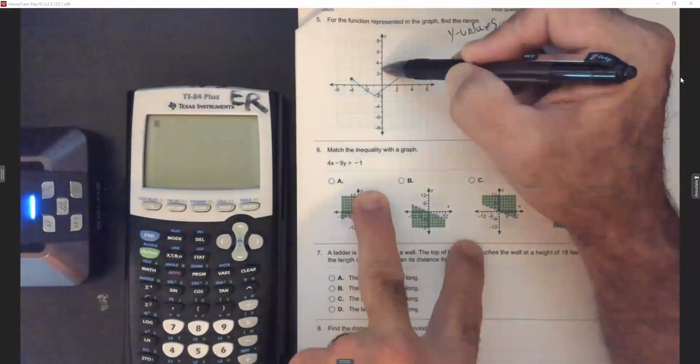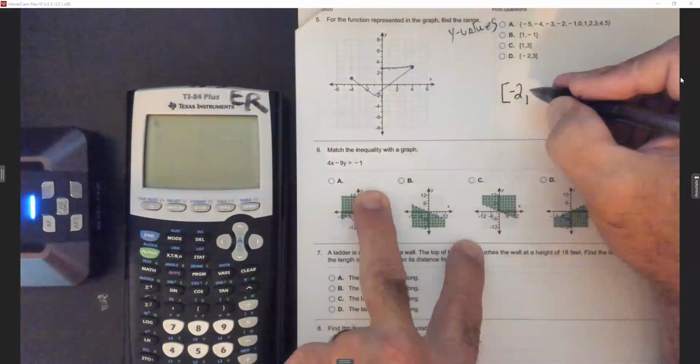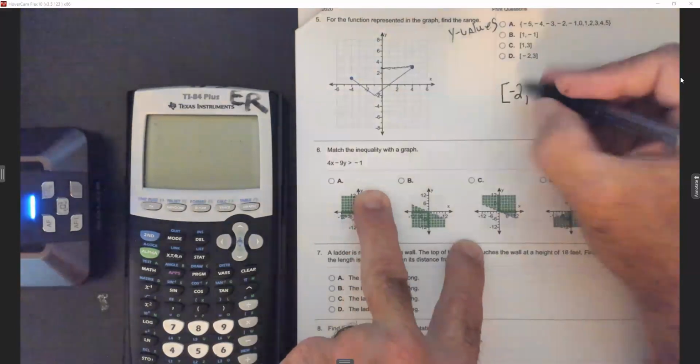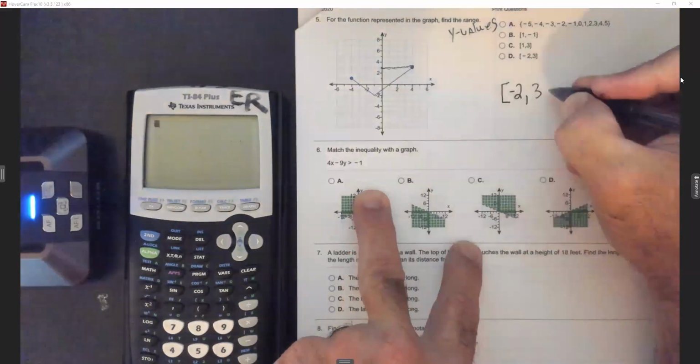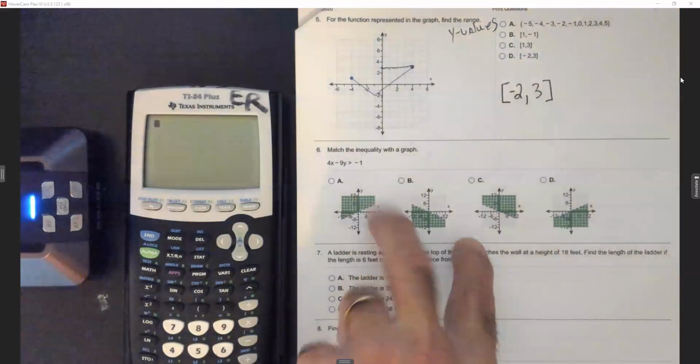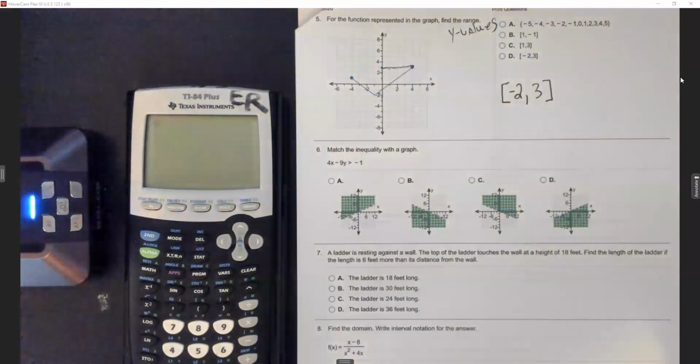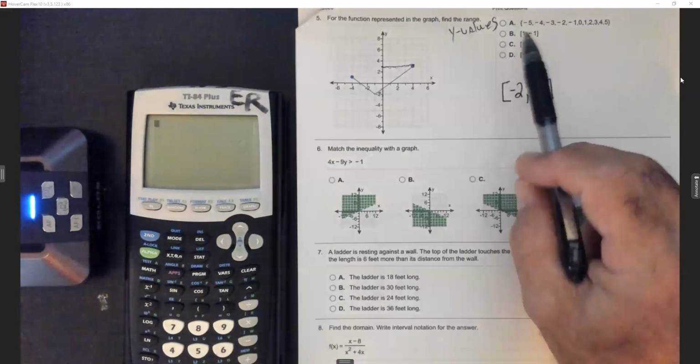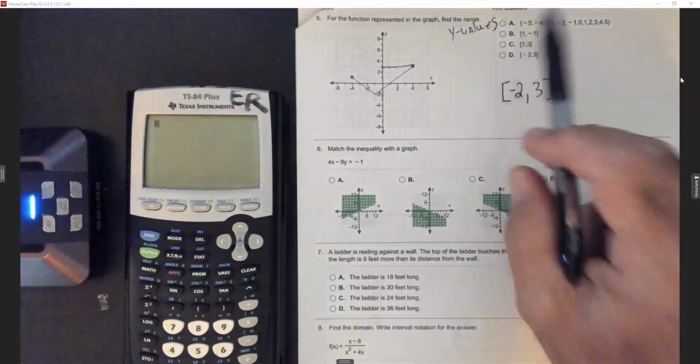So my range is going from -2 to 3 on the y-axis in brackets. Remember, the range does include those points, so the range will always have the brackets unless you're looking at the infinity stuff. Okay, so they're going to put domain answers up here, but you don't want the domain. You want the range, which is the y values.